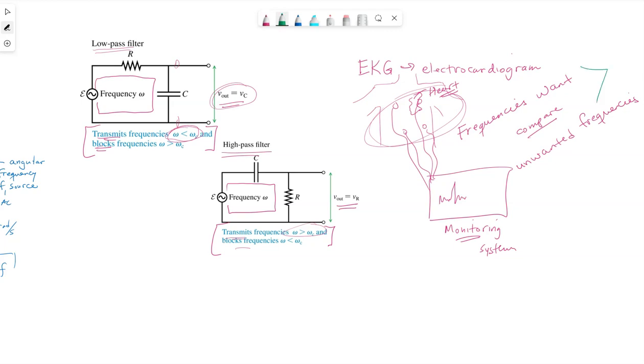So the unwanted frequencies from other equipment here is going to be 60 hertz because our wall outlets operate at 60 hertz. And so we need to block frequencies that are 60 hertz, but let or transmit frequencies of the heart. I don't recall if the frequencies of the heart are higher or lower than the crossover frequency, higher or lower than 60 hertz, essentially.